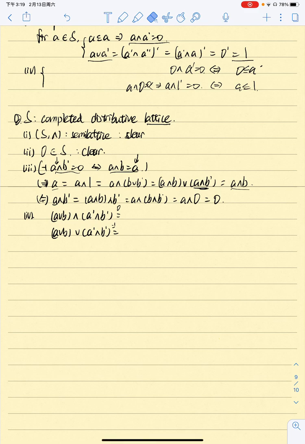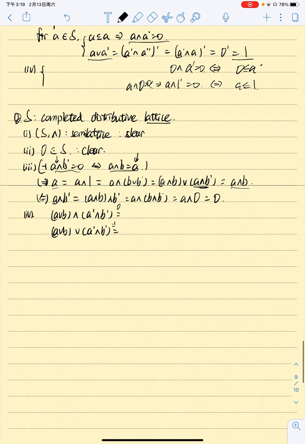Okay. From here, oh, sorry. Here we use the distributive law. A and A prime and B prime, or B and A prime and B prime. Okay, let's see. A prime is 0, B prime is 0. So 0 or 0 is 0.